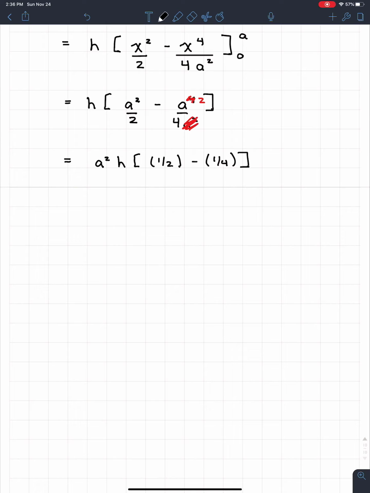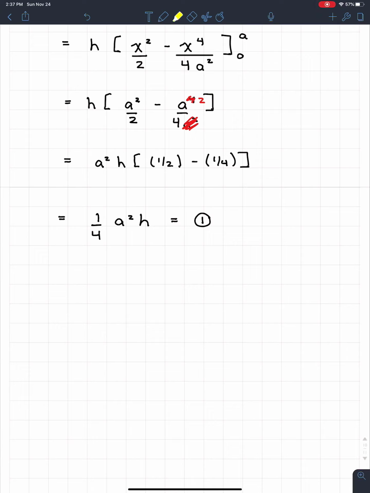So when we come down even further, what we find is this is all going to be equal to 1/4 a squared times h. And this is equal to 1.